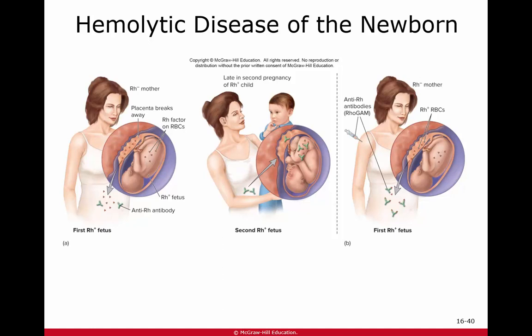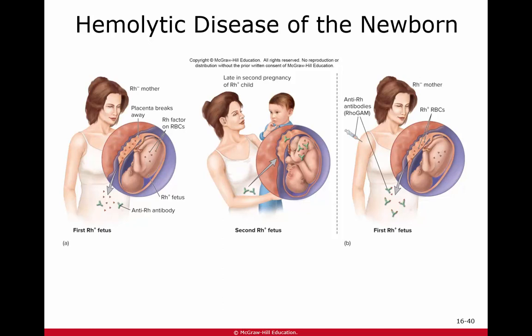So you can see here, figure A over on the left, that's a negative mother and a positive baby. Okay, when that baby is born and the placenta breaks away, some of the baby's red blood cells will go into the mother's. Okay? So you've got this second pregnancy with a positive child. Mother's making these antibodies now, those little Y-shaped green things.